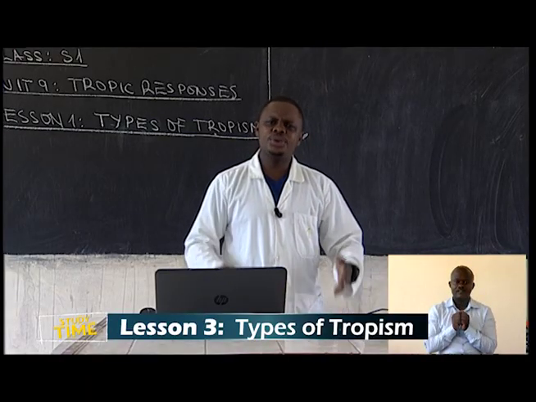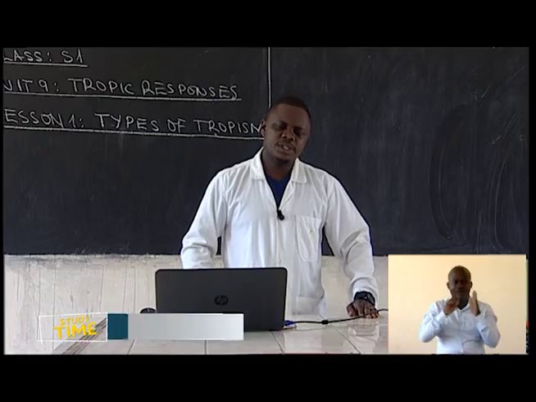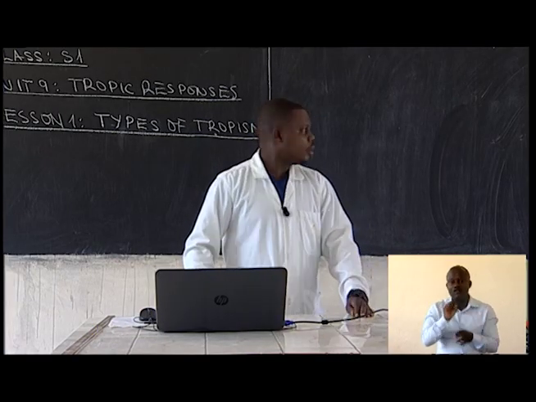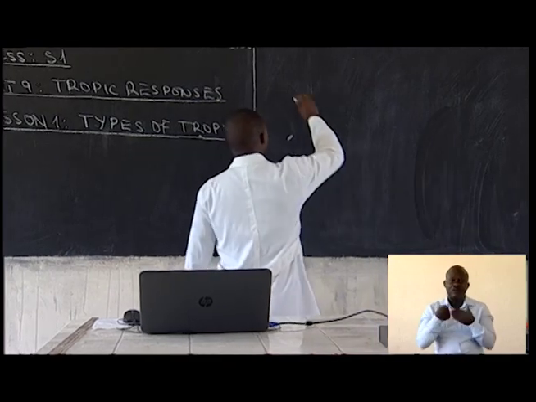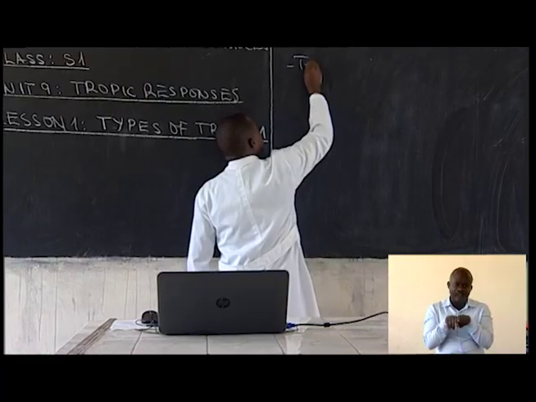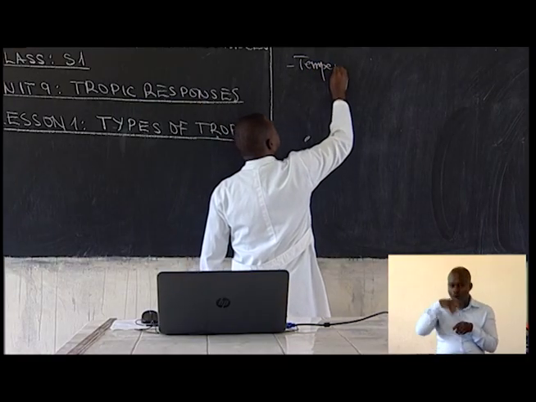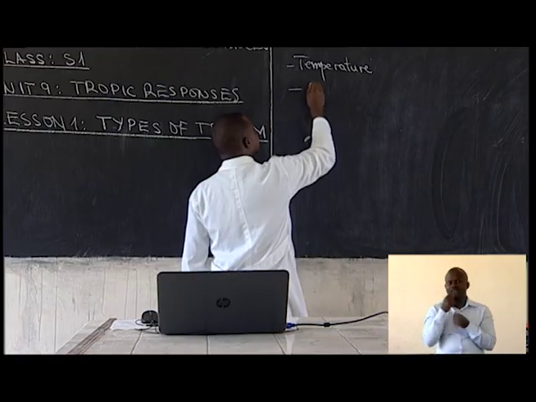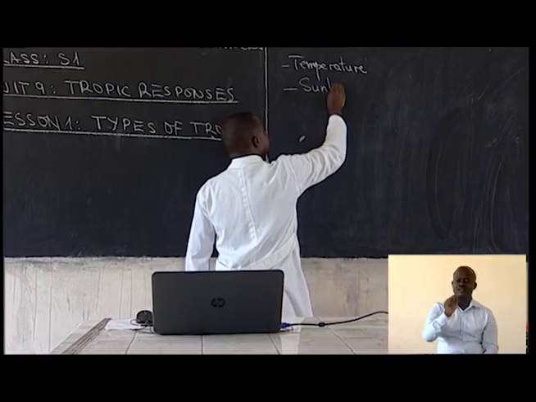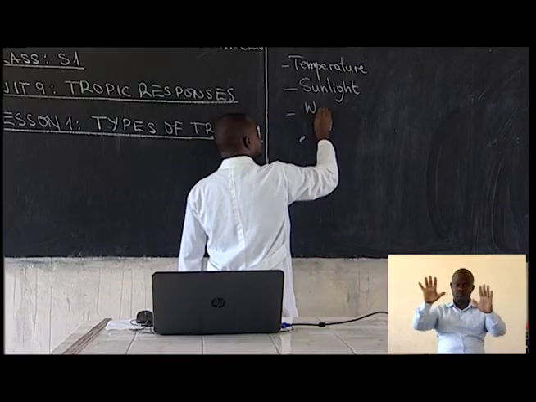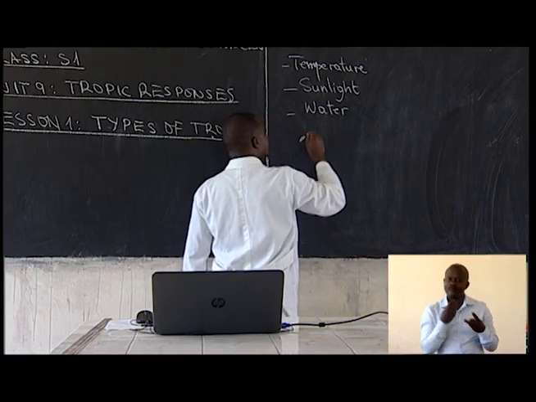Dear students, do you know examples of stimulus or examples of stimuli? We can give different examples, like temperature. This is a stimulus. Sunlight is another example. Water is a very good example.